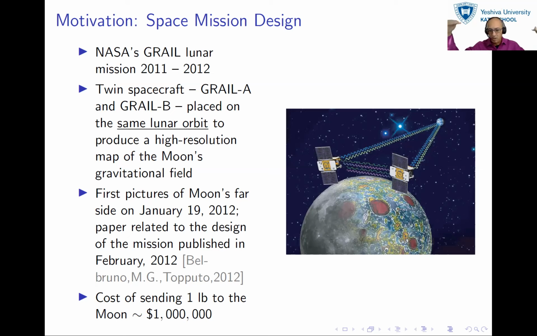In this way, by feeling each other, so to speak, and changing just a little bit the altitude of the orbit around the moon, they were able to detect even the smallest variation in the gravitational field of the moon.